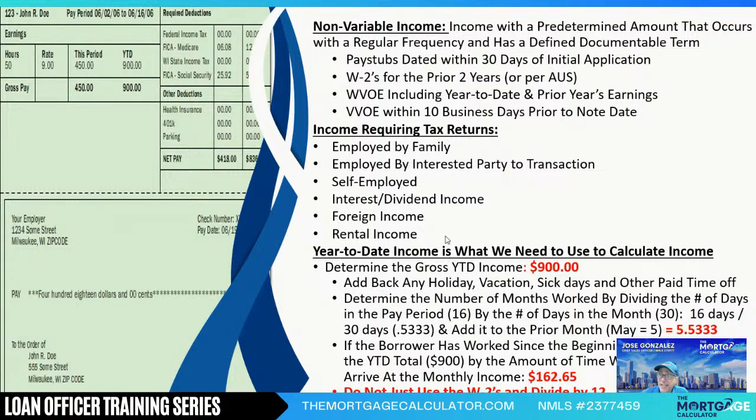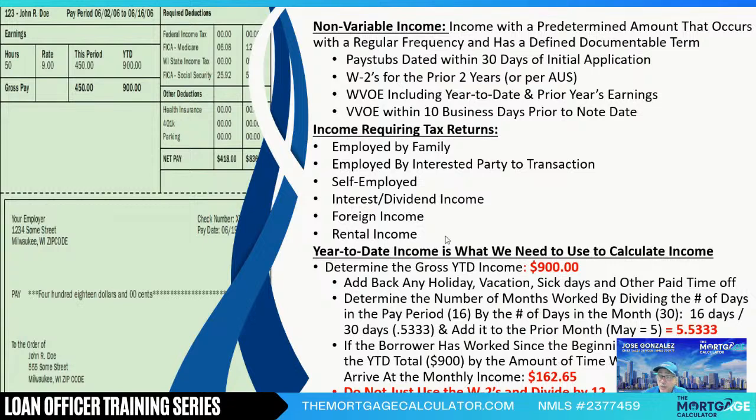Now, in certain cases, we could have W-2 borrowers where DU may not state that you need tax returns, but the specifics of the case do state it, or DU may state it depending on how it was documented on the application.